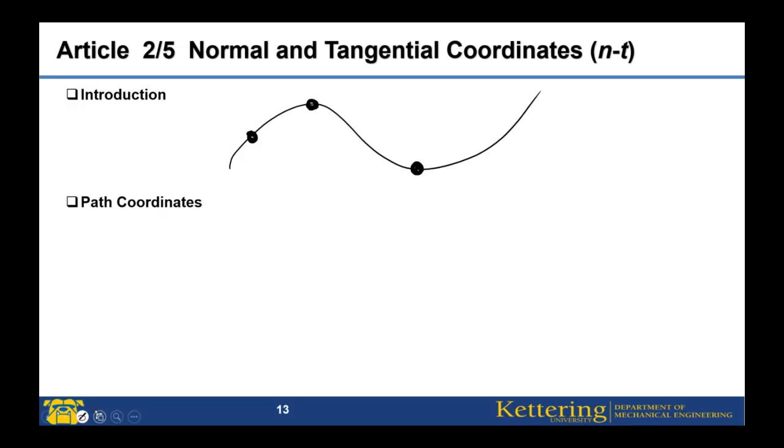For example, at this top point, if I draw a line that is tangent to this curve, this line is tangent to the curve at the top point. Also, this particle moves from left to right, for example.